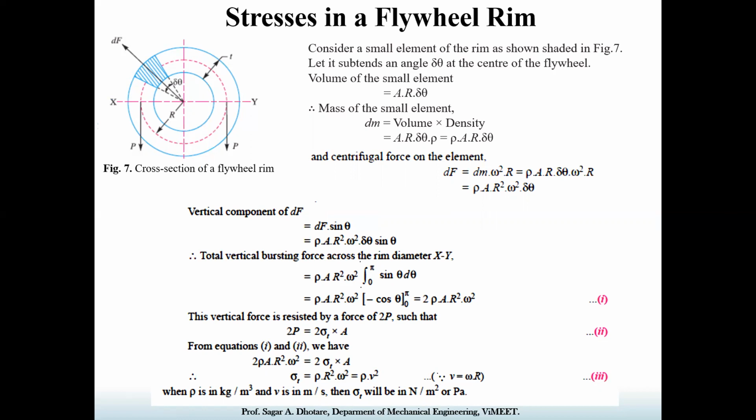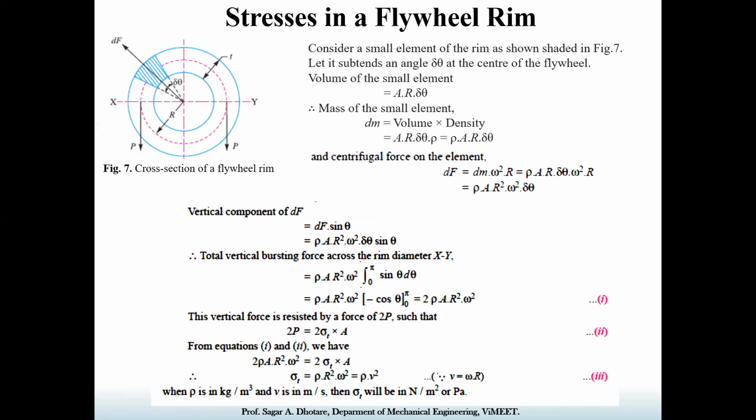The centrifugal force on that small element, dF, is equal to dm omega square into R, that is dm means rho into A into R into delta theta, into omega square into R. So the equation of dF is equal to rho A R square into omega square into delta theta.